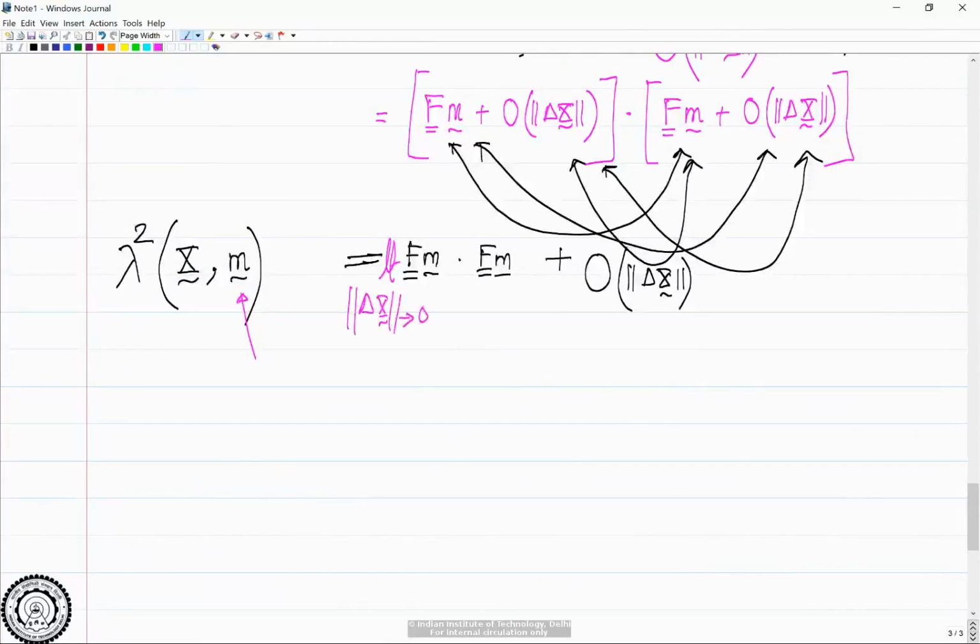So that you get the stretching at a point. And when I do that, I get a nice formula that this is big F into M dotted with big F into M. So you see, this is an exact formula. We didn't do any approximation in deriving this formula.